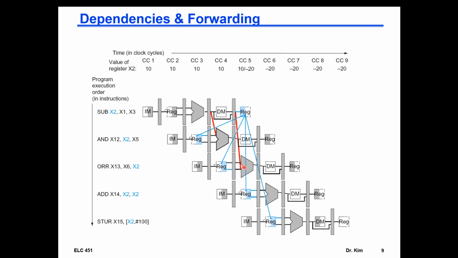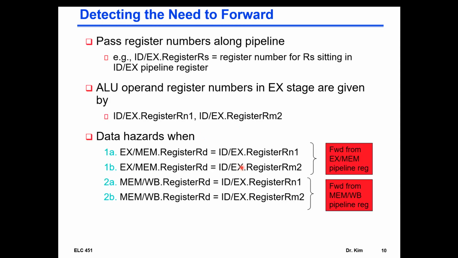In which one we go into, the first port of the ALU or the second port, is your 2A versus 2B. So this specific red line corresponds to 2B. So that gives you these 4 conditions. So we're going to simply generate logic to detect these conditions.